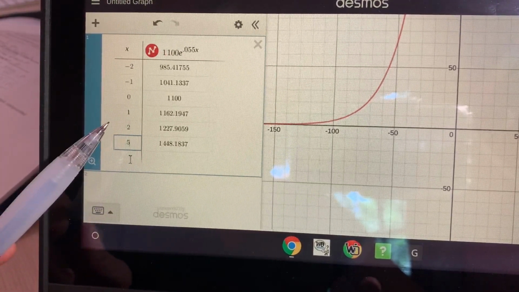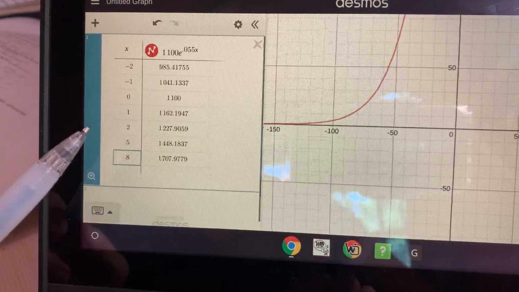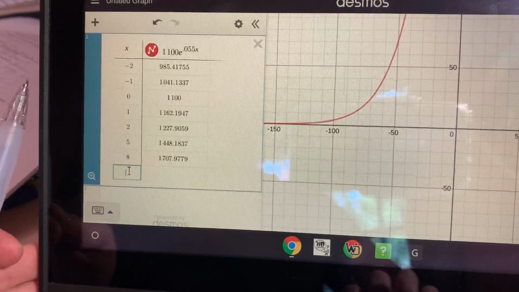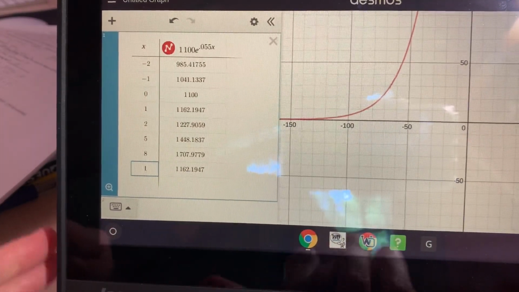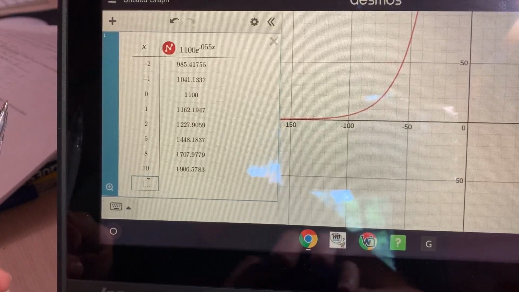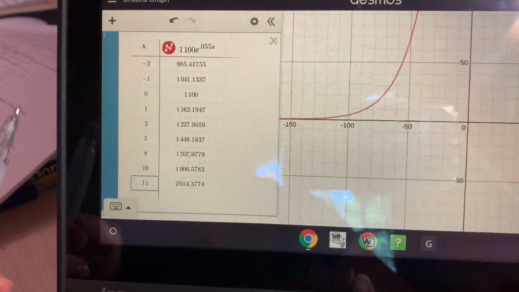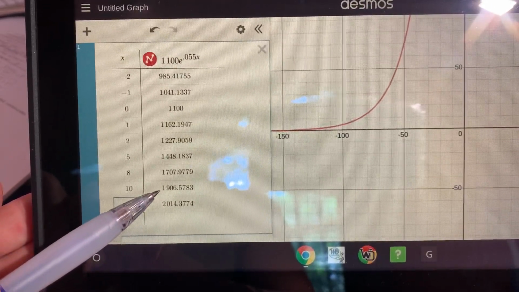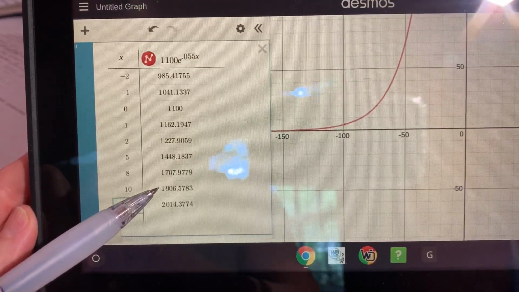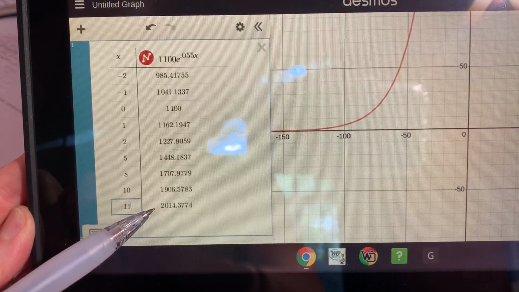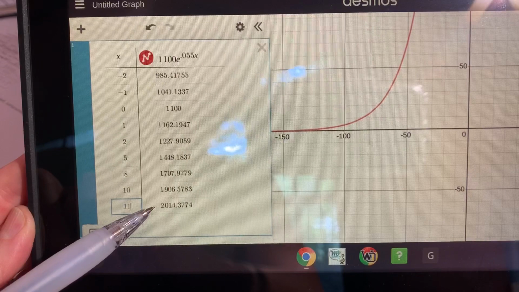Remember, I'm checking for 2,000. So I'm gonna see about 8, getting closer. I'm now at 1,700. Let's check 10. I feel like that's gonna do it. Oh, so close. 1,900, so now I'm just gonna go up 1 year at a time. There we go. So at X equals 10, the Y is 1,906. And then this is over 2,000.